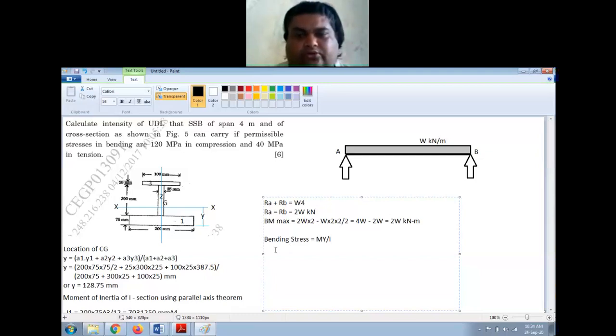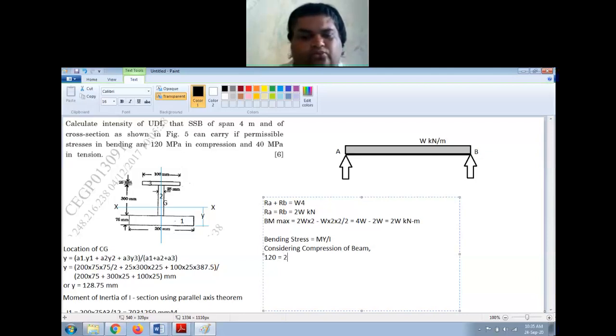Okay. So now I am considering the compressive stress, that is on the upper side. Considering compression of beam, 120 is equal to, how much is M?